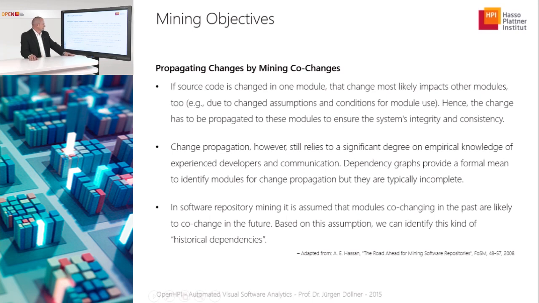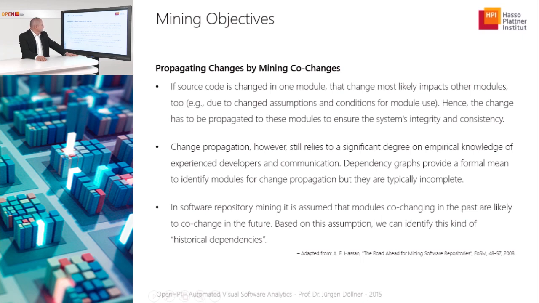Hence, a change has to be propagated to these modules to ensure the system's integrity and consistency. Change propagation still relies to a significant degree on empirical knowledge of experienced developers and communication. Dependency graphs provide a formal means to identify modules for change propagation, but they are typically incomplete.